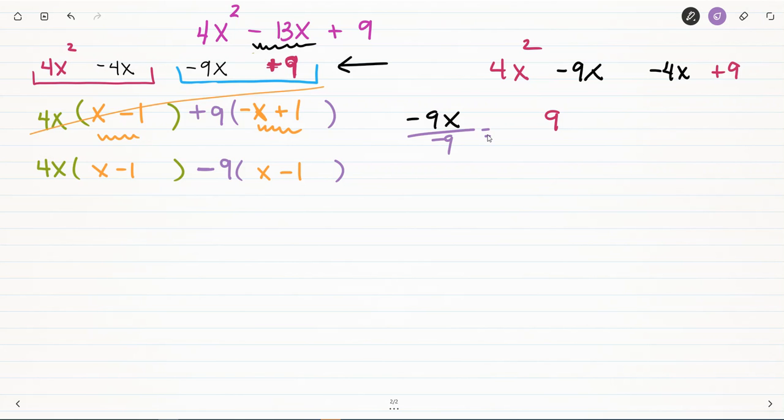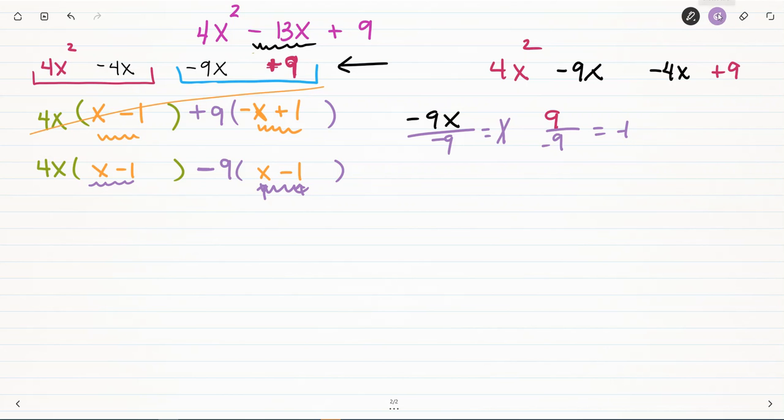Negative 9x divided by negative 9 is just the 1x. And that's where I have this x. 9 divided by a negative 9 is negative 1. That's where I get each of those. And now we've got something that'll work for us because we've got our common x minus 1.